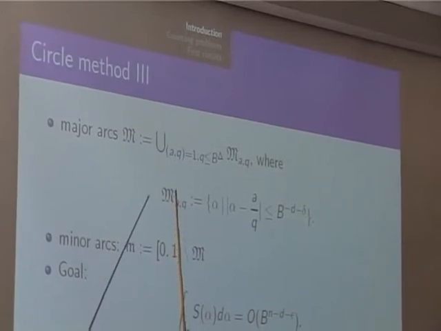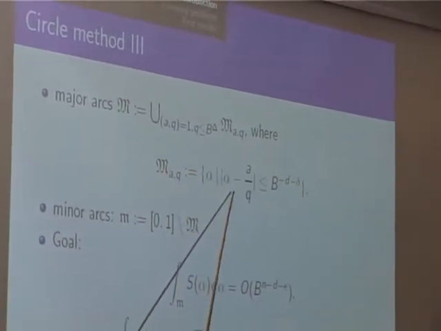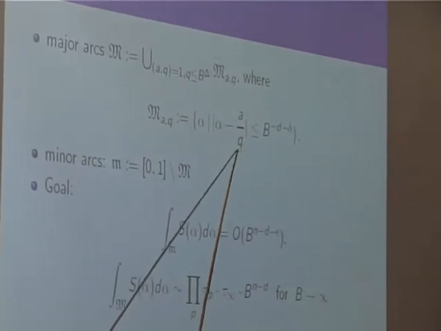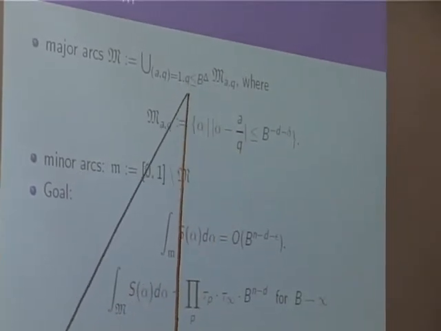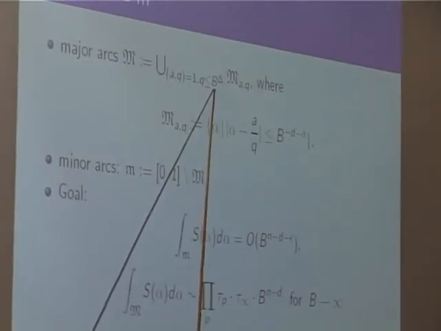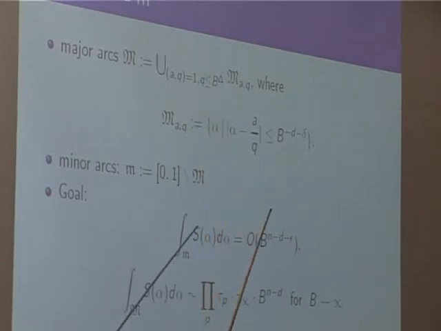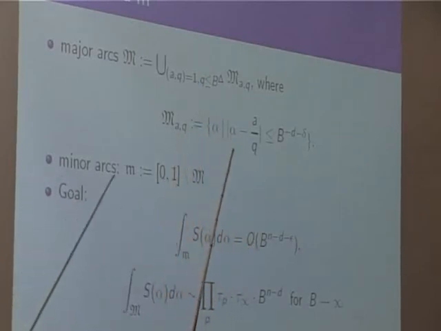So what's the formalization? You look at major arcs, which are neighborhoods of alphas with small denominators. Well, you don't know what small means. Q here is not a power of a prime number, it's just an integer, and you bound it somehow, depending on B. So you pick some real number delta. You don't know what it is yet.